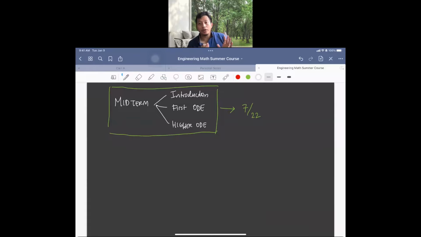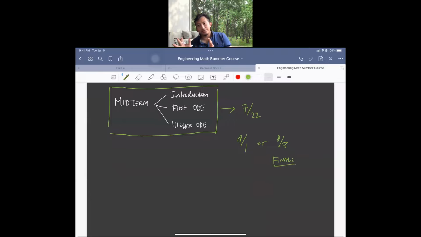Next week, maybe we are going to have Laplace. For Laplace, there will be another quiz after the midterm, and then another week after that, on August 1st or August 3rd, we will have the final exam.